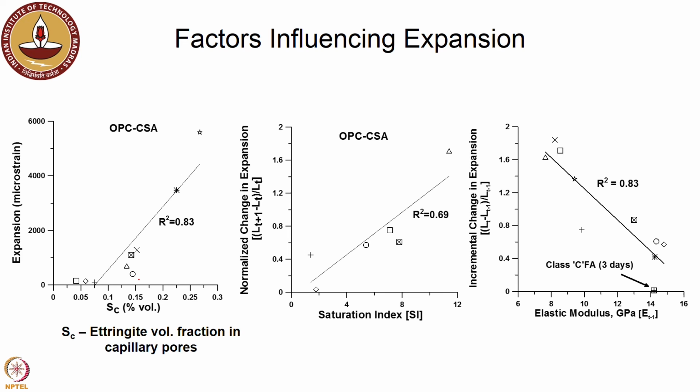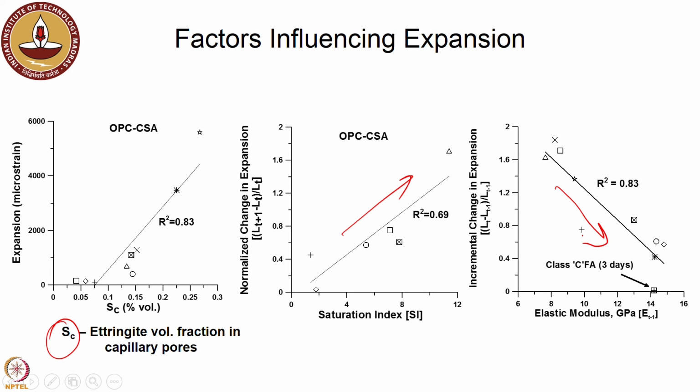So, here are some factors which can influence the expansion. We saw this again, this Ettringite volume fraction in capillary pores can also be called SC, and the correlation is better, and there is a good correlation between the saturation index and expansion. Increase in saturation index leads to increase in expansion.